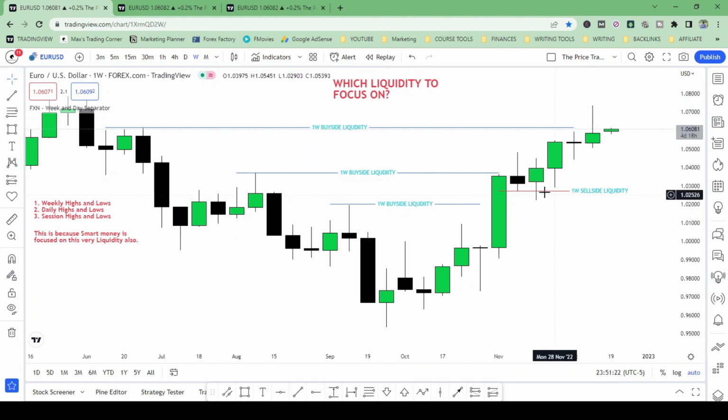The market will always be moving from a level of sell side liquidity into another level of buy side liquidity. So you want to be engaging from this level of sell side once it's taken out. This is the most discount level you can be in, and then you want to engage this market into a premium level, maybe this old high that we are now using as our buy side liquidity.